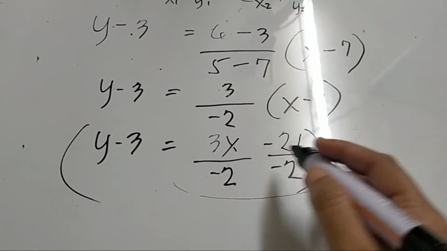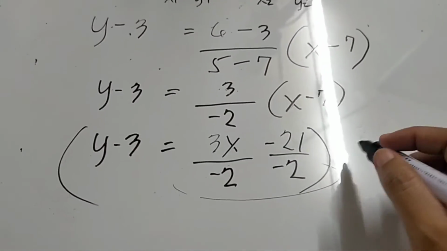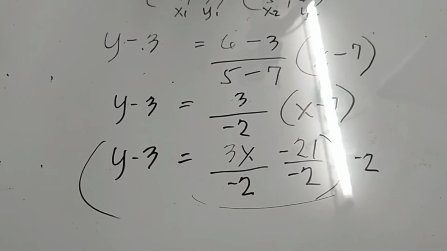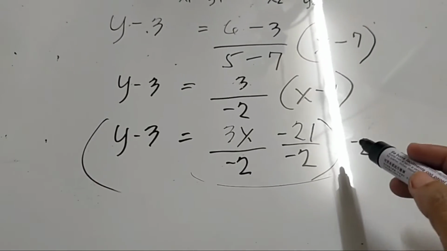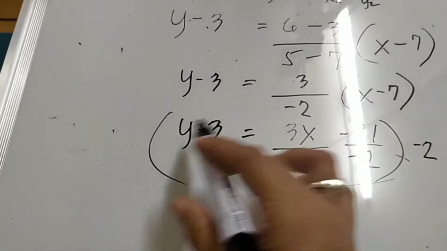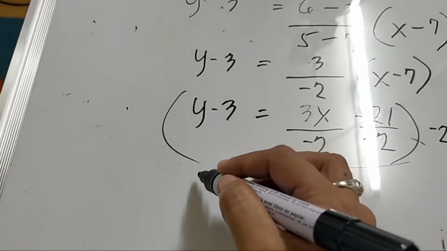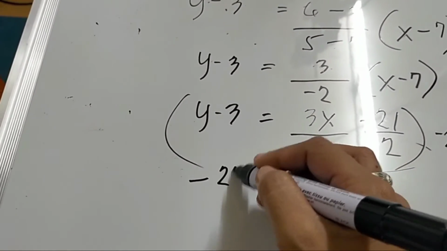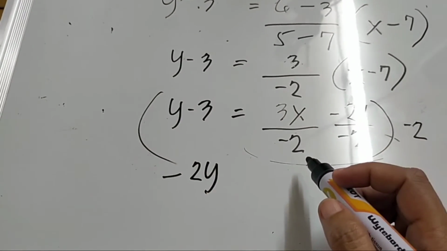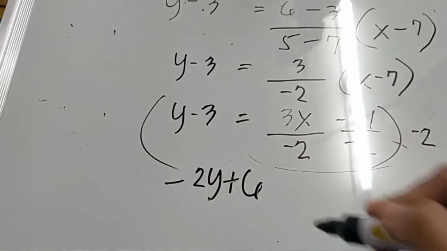Multiply all terms by negative 2 so that it is no longer a fraction. Y times negative 2 is negative 2y, and negative 2 times negative 3 is equal to positive 6.